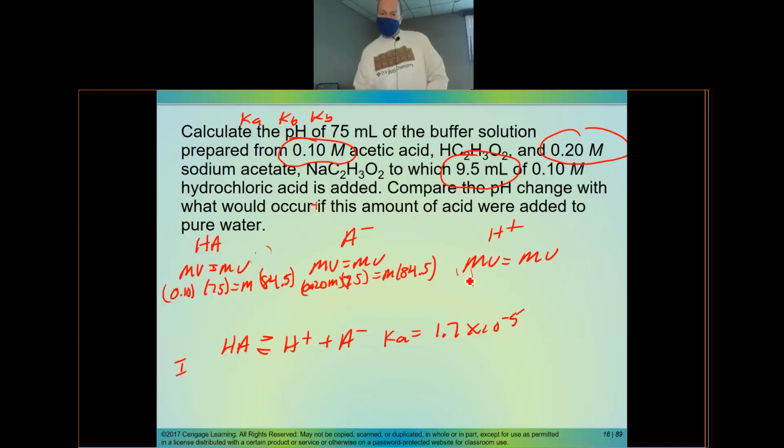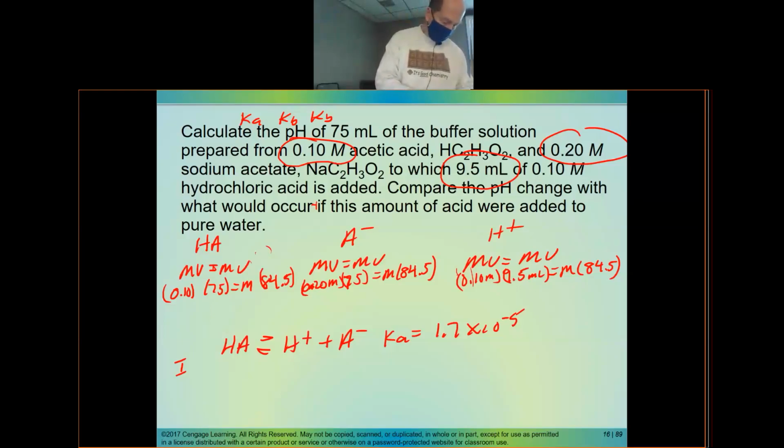And then your H plus. The H plus was 0.1 molar at a volume of 9.5 mils. What is the molarity now that the volume is 84.5? So we have a new molarity for all of these. So we have HA, that is 0.089 molar.